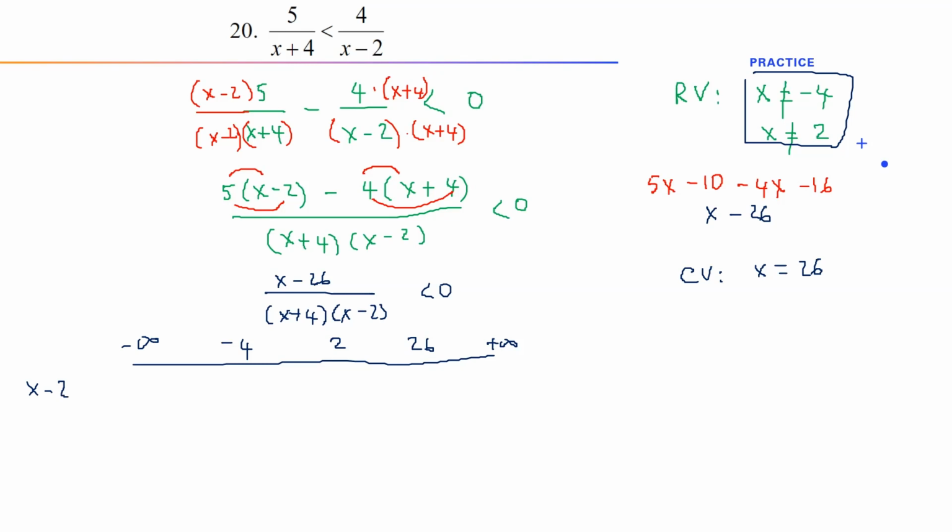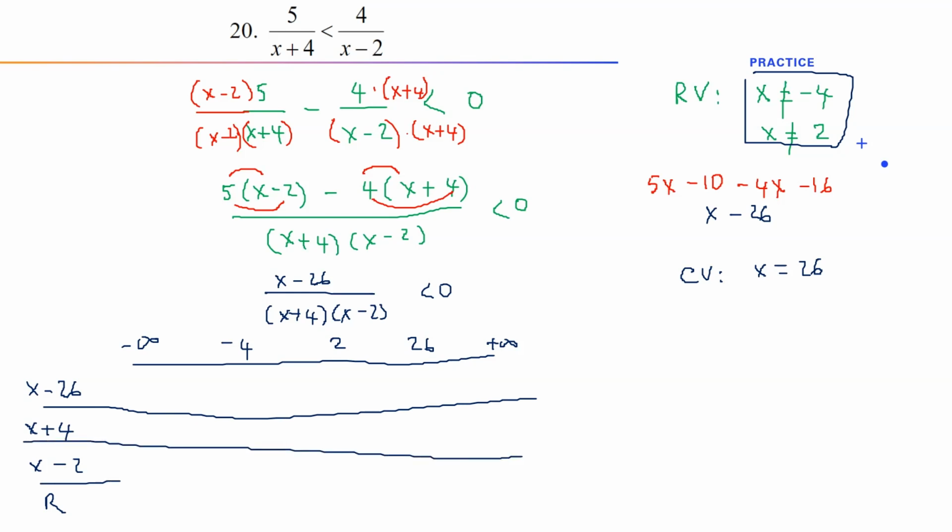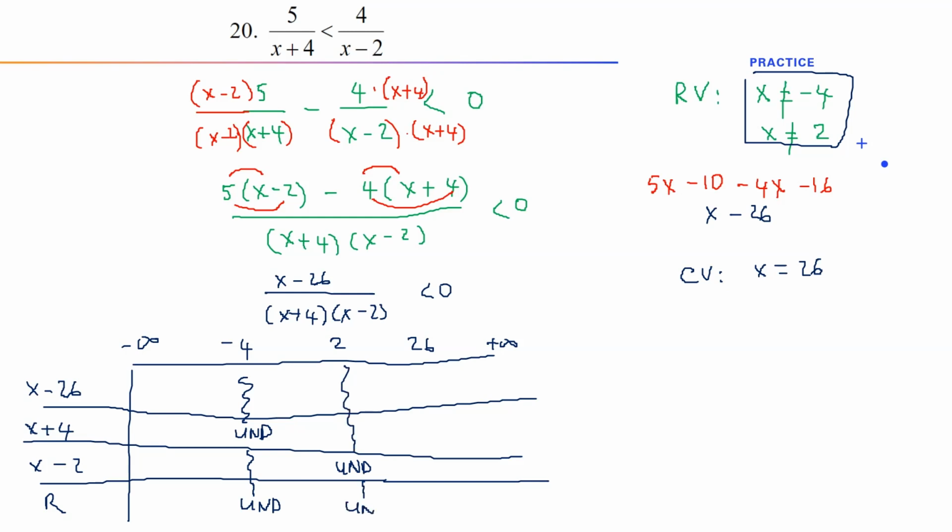We have x minus 26 for the first factor, the second one is x plus 4, and then x minus 2, and then the result. Negative 4 is undefined. At 2, undefined. At 26, that makes it 0.